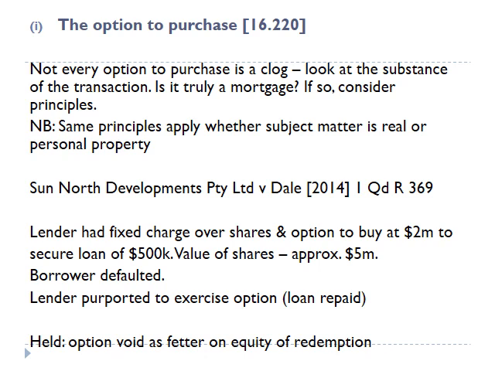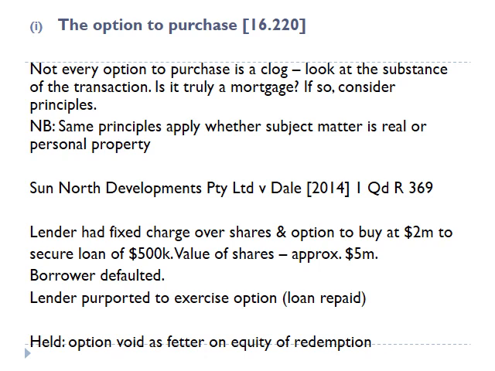So where, first of all, you identify the transaction as being a mortgage, you then look at the rights of the mortgagee upon default, and generally, not invariably, but generally, if they give the mortgagee a right to the property, and normally this could be by option to purchase, but it may be by some other means, then that would be seen as a total extinguishment of the right to redeem, because there would be no way that the mortgagor could ever retrieve their property once the loan was paid. A very good example is Sun North Developments and Dale, which is a recent Queensland decision.